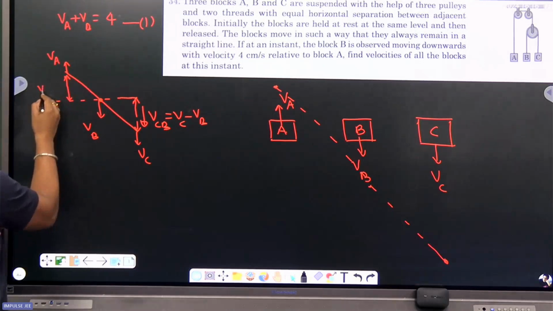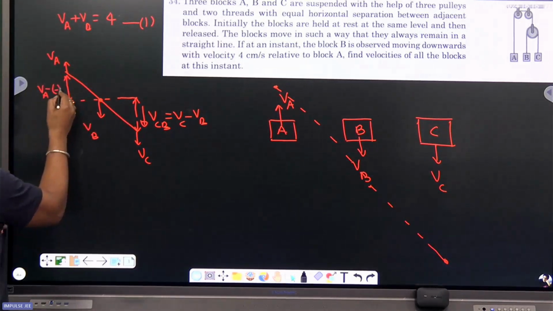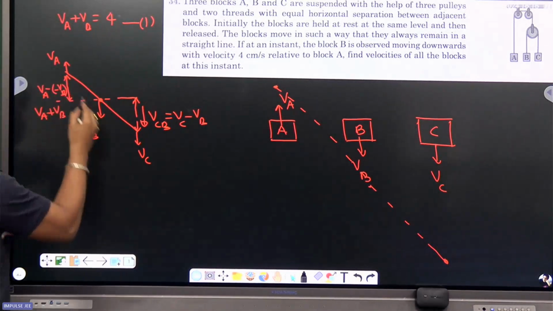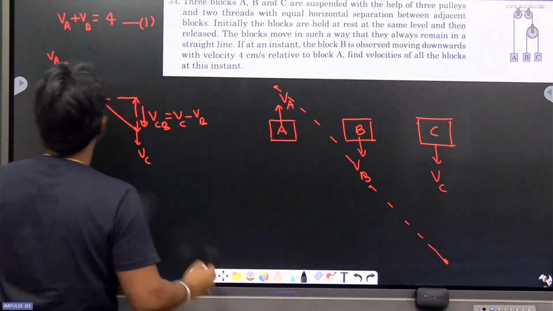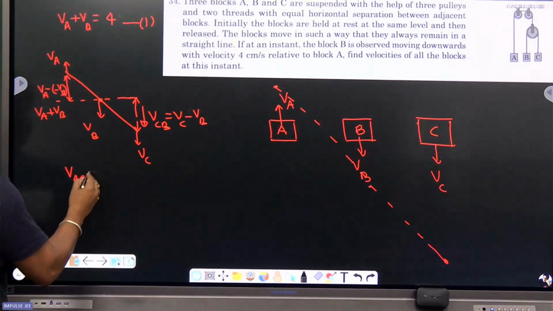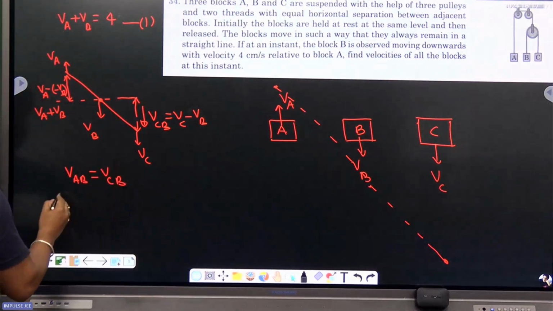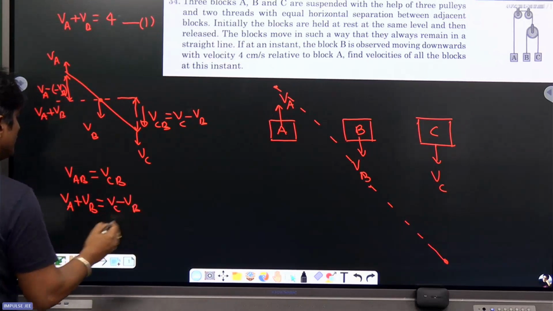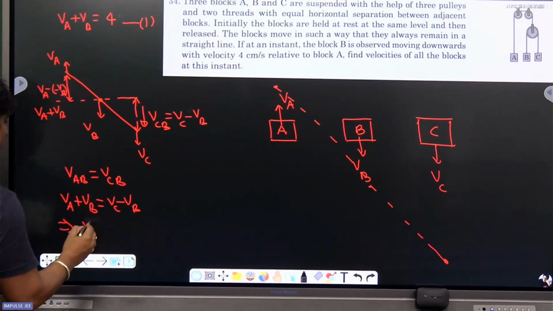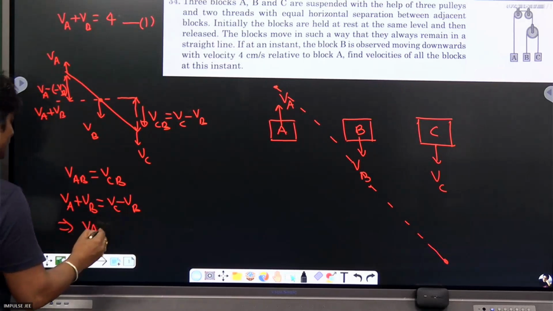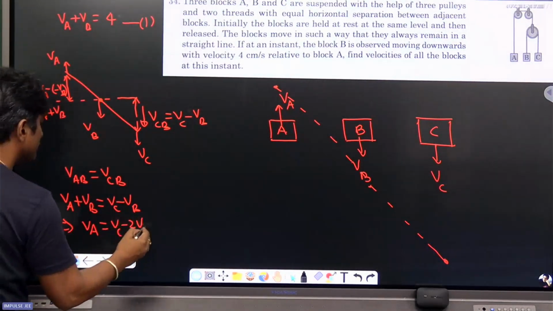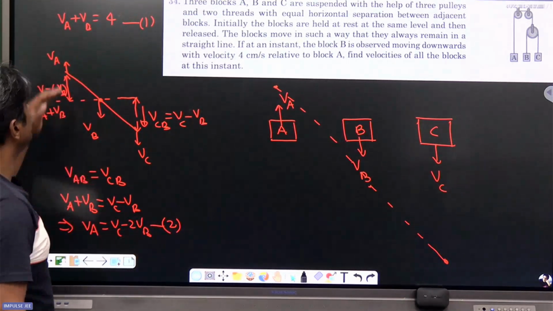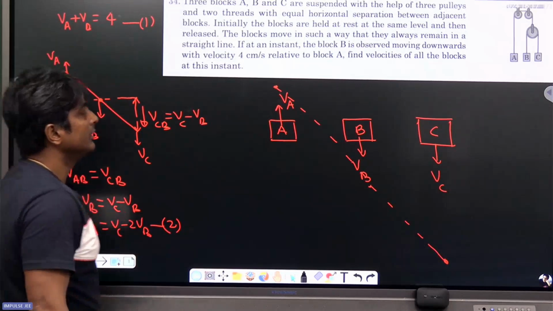And this is VA minus of minus VB, which is simply VA plus VB. So according to the statement given in this question, VAB must be equal to VCB. So VA plus VB is equal to VC minus VB. From here we get VA is equal to VC minus 2VB. This is equation number 2.